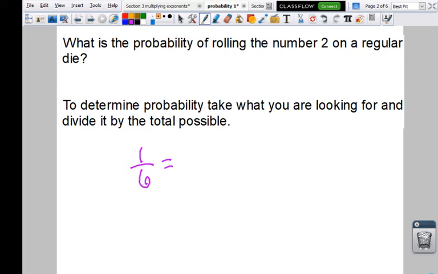We are going to find the probability. We're just going to go 1 divided by 6 in Desmos. And so we get a big decimal when we plug this in, which is fine.